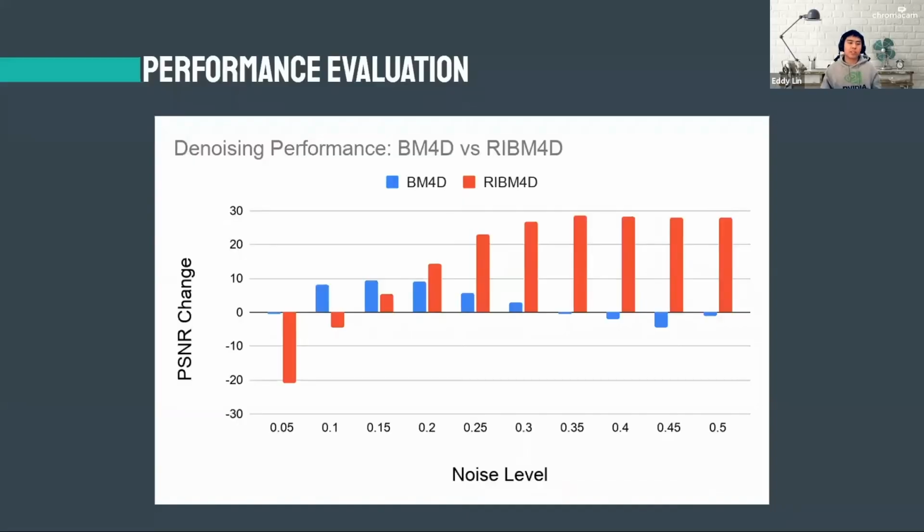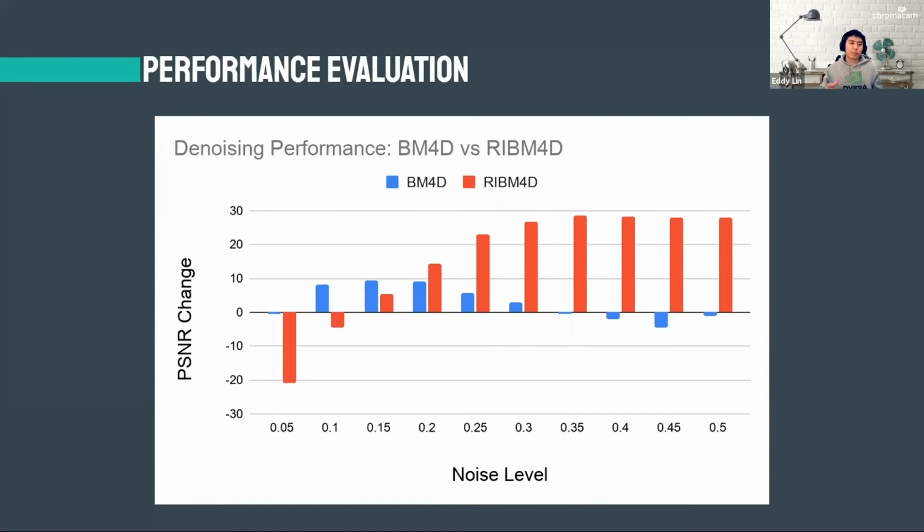First of all, let's go back to performance evaluation. From this chart, it is very obvious that RIBM4D, our implementation in red, performs much, much better at higher noise levels, where the PSNR change, basically how good the algorithm did at denoising the data, the higher the better.